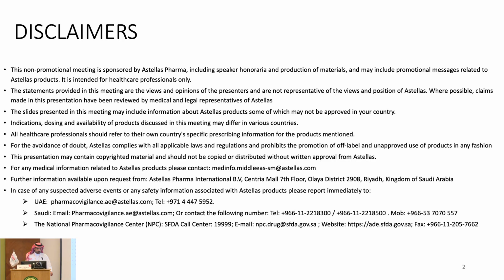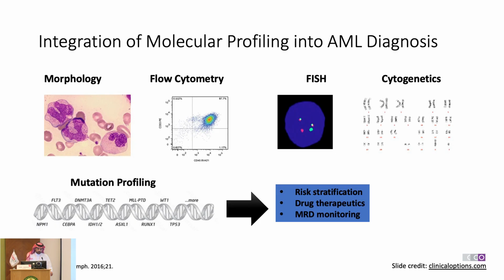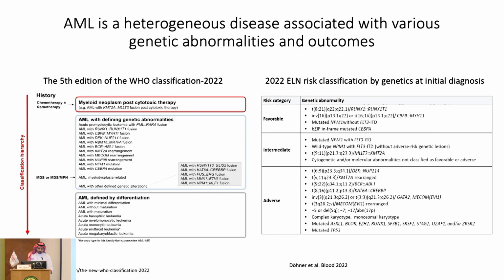I will talk about relapsed refractory AML, specifically about FLT3 AML. Nowadays we rely heavily on molecular profiling for diagnosis of acute myeloid leukemia, and this will help us to identify the right subclass of AML and the risk associated with this disease, and also help us to choose the proper targeted therapy we have nowadays, and also as a tool for MRD monitoring.